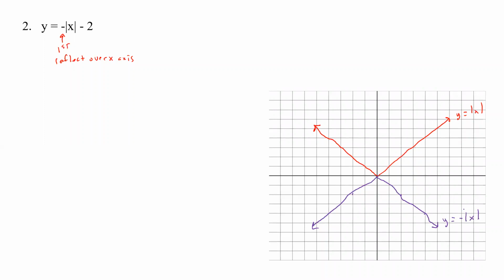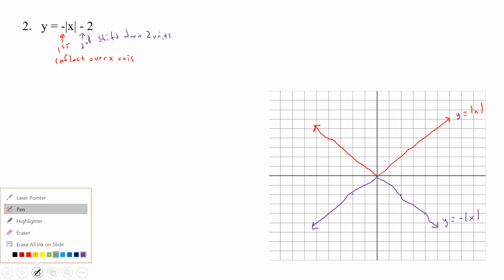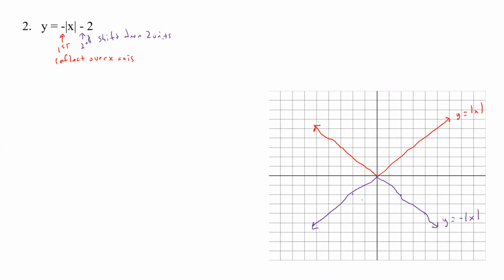Okay. Now we have the next one. So this is going to be second. And what that is, it's going to shift down 2 units. So we've seen that already in the last one, but now we're going to actually shift down from a reflected point. So let's go ahead and switch this to green. And so we shift down 2 units. Let me draw a color here. And so we shift down 1, 2, shift down 1, 2.